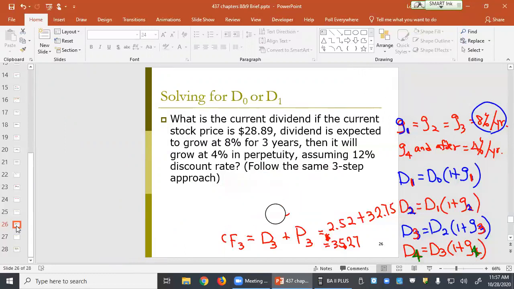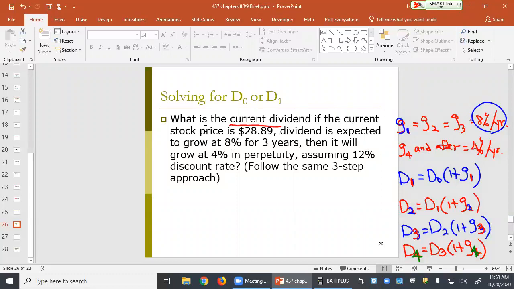So to keep it simple, this example also uses the same set of numbers. Okay, so I'm going to keep some of the information there because we're going to be reusing the same information. So what is the current dividend? What is the current dividend? That means we're solving for D0 as the unknown.